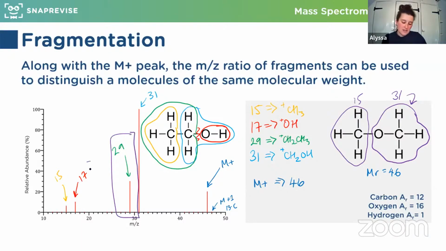And there's no way, as you say, to get a peak of 17, which is definitely present. So we know that this spectrum shows ethanol, not this ether, because we've got peaks at 17 and 29, which correspond to fragments of ethanol, and those fragments cannot be present in our ether.